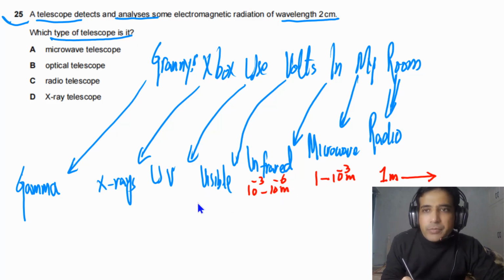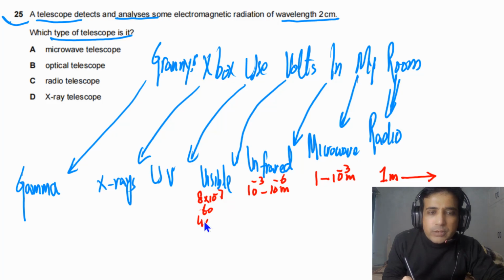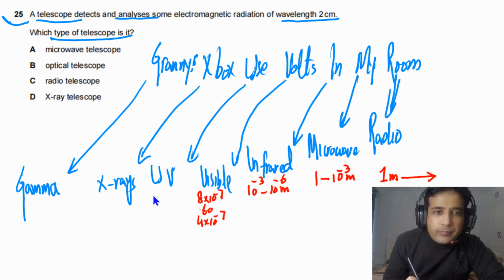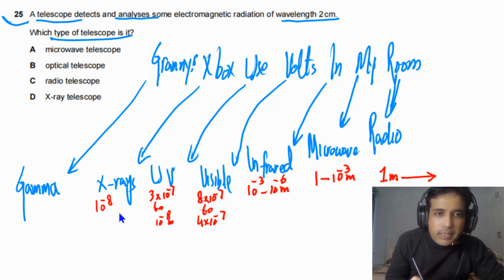For visible, the wavelength is from 8 times 10 to minus 7 to 4 times 10 to minus 7. For UV, the wavelength is from 3 times 10 to minus 7 to 10 to minus 8 meters. X-rays are from 10 to minus 8 to 10 to minus 12.